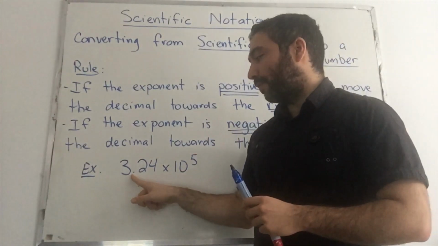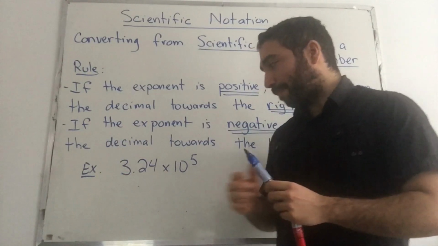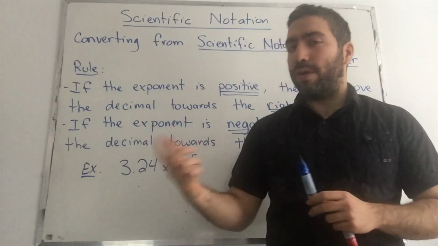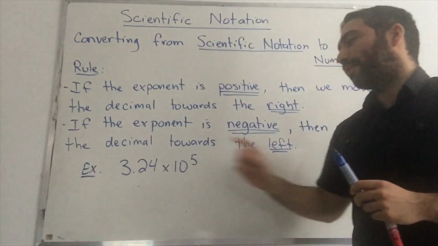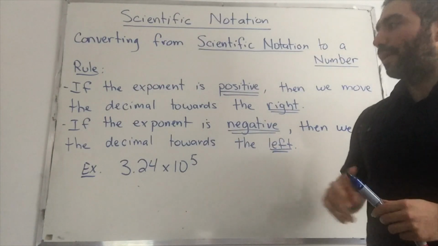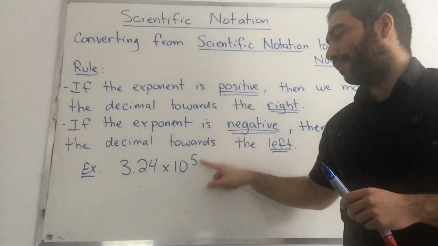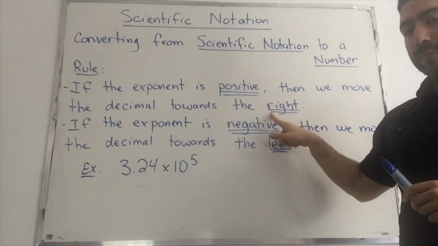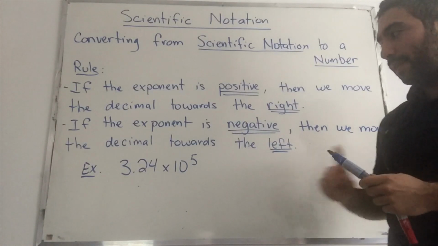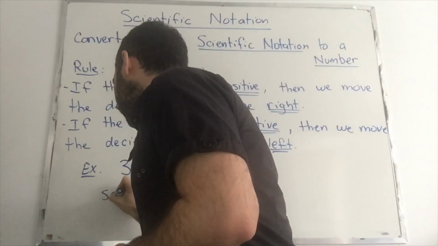Yes, because the decimal falls after the first digit, which is not a 0, and this number is between 1 and 9.999. So we're happy, times 10 to the exponent 5. If we read the rule, if the exponent is positive, which in this case 5 is, we move the decimal towards the right. Let's write that down.